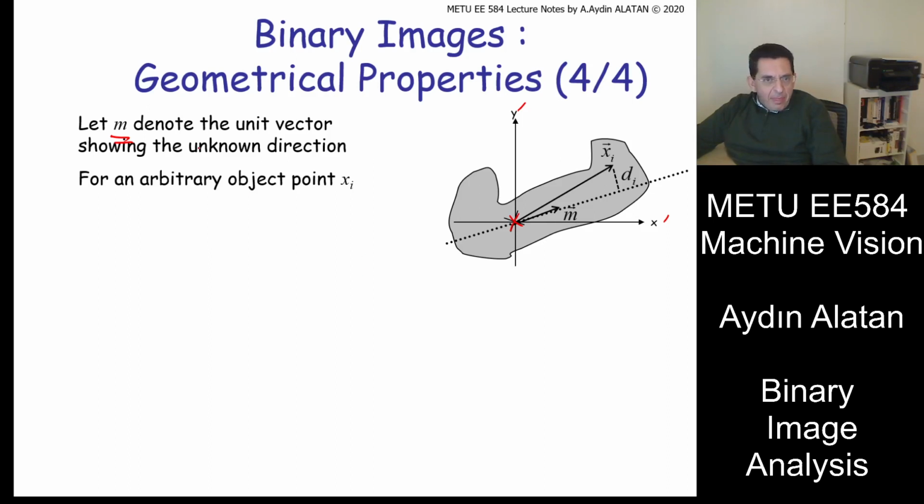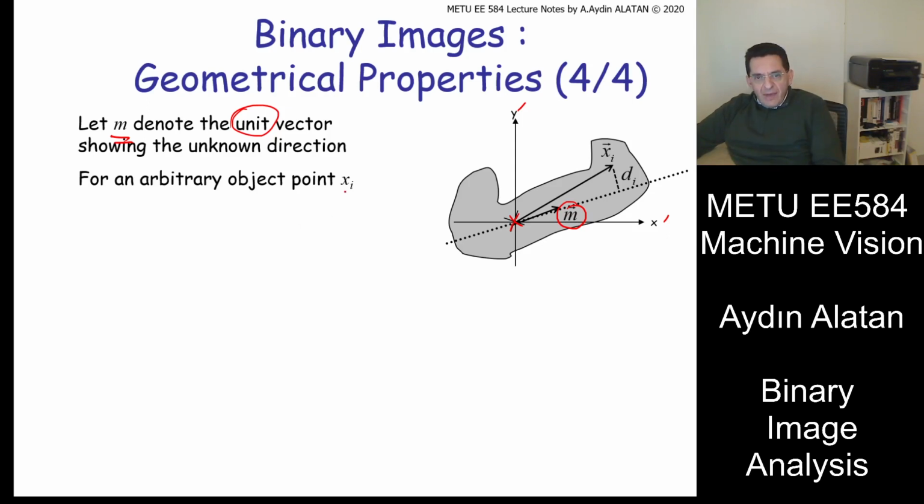There is an unknown vector m, this unit vector, that's important. That unit vector is the unknown direction. My goal is finding m. It looks like 2 degrees of freedom, but no, it's a unit vector, so a single degree of freedom, which is nothing but a cos theta, sine theta vector.